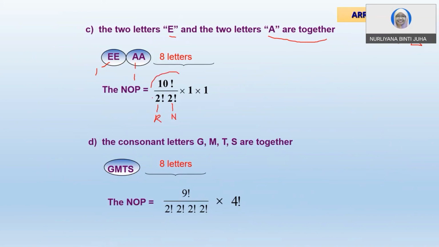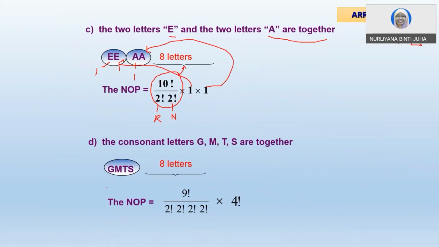Ini untuk yang 8 letters, this one. This one is for EE. And this one for the A. Okay. Sebab tu ada darab 1, darab 1. Ini untuk yang EE, ini untuk yang AA. Okay, then sebab kita darab 1, sebab dia ada satu option dia macam ni.